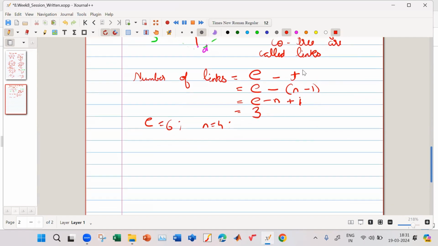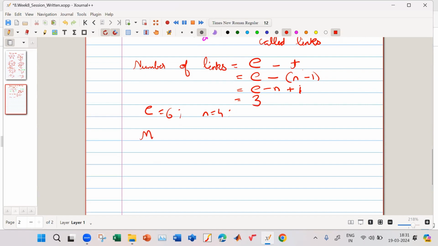You have studied about matrices? In the incident matrix, we are using the KCL. In the tie-set matrix, we are using the KVL.